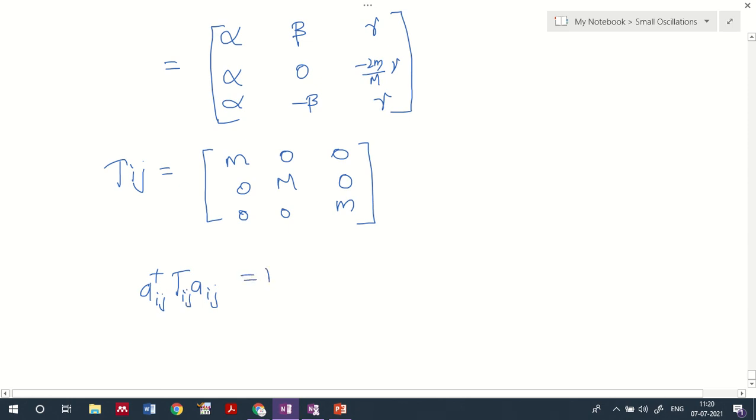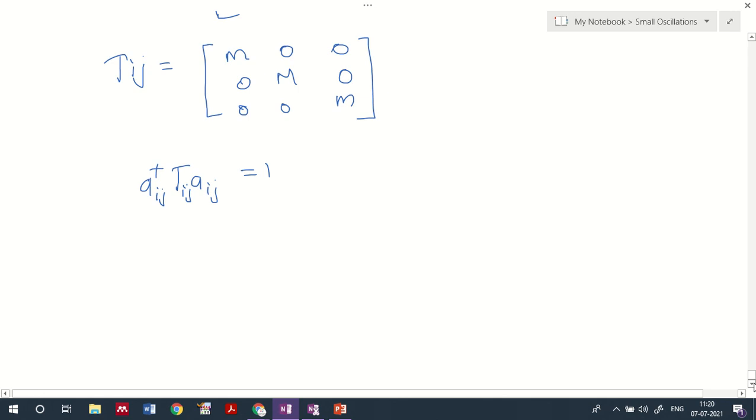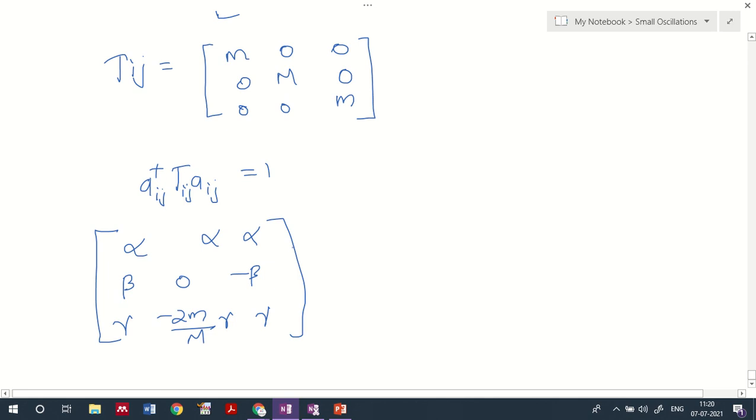So how do we prove that? We take the first matrix as the transpose of Aij: alpha, alpha, alpha, then beta, 0, minus beta, and gamma, minus 2m by M gamma, gamma. We multiply it with the Tij matrix, M, 0, 0, 0, capital M, 0, 0, 0, small m, and then with Aij, the matrix with alpha, beta, gamma, alpha, 0, minus 2m by capital M gamma, and alpha, minus beta, gamma. We need to prove that this is equal to 1.